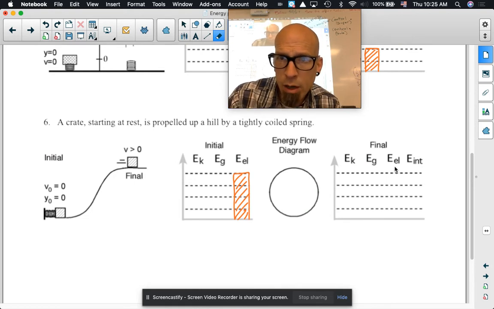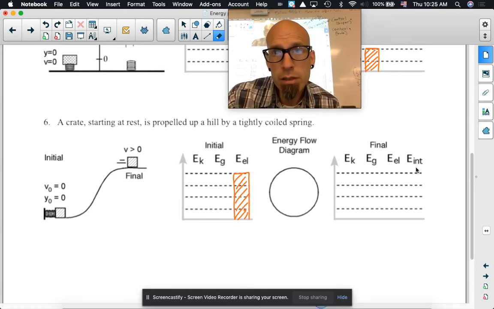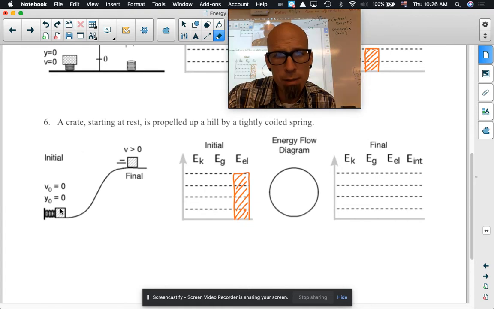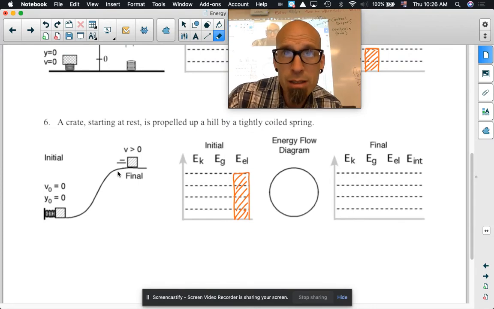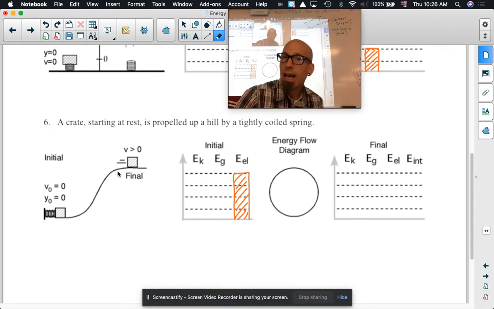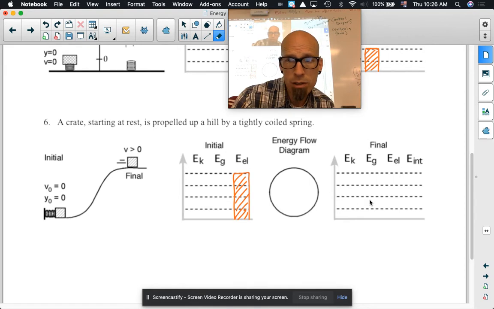So no elastic energy. Now, do you think there's going to be some internal energy? Because not all of the elastic became kinetic or gravitational, maybe there are friction forces acting on the crate as it goes up. Well, sure, that's a possibility. I probably will ignore it because we don't have any direct evidence that energy is missing. But you could say that there is some. Now, again, how are we going to determine how much kinetic versus how much gravitational?